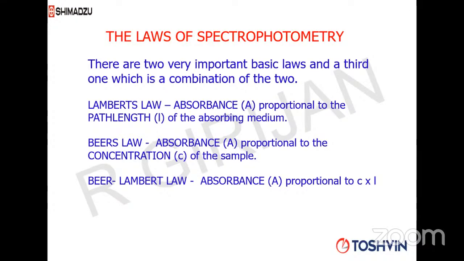Today we are using UV as a quantitative technique. Nowadays we don't use UV as a qualitative technique. If you talk about FTIR, FTIR is an excellent qualitative analytical tool. You can find out what functional groups are present in the molecule by looking at the IR spectrum.